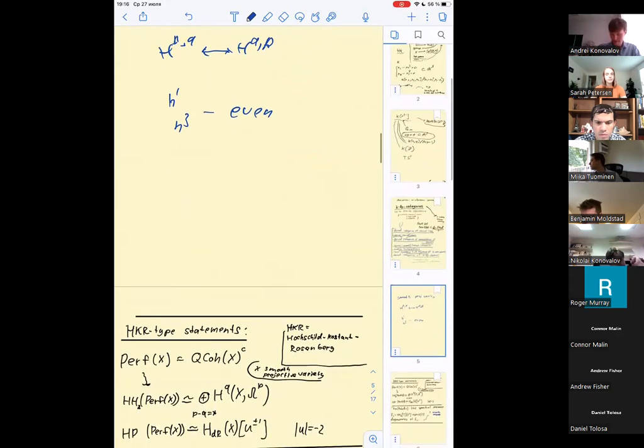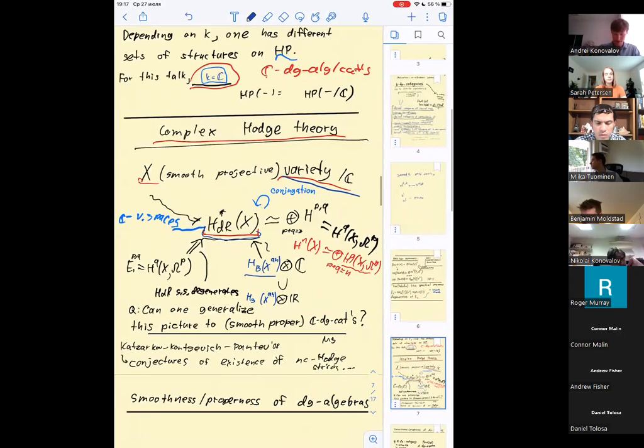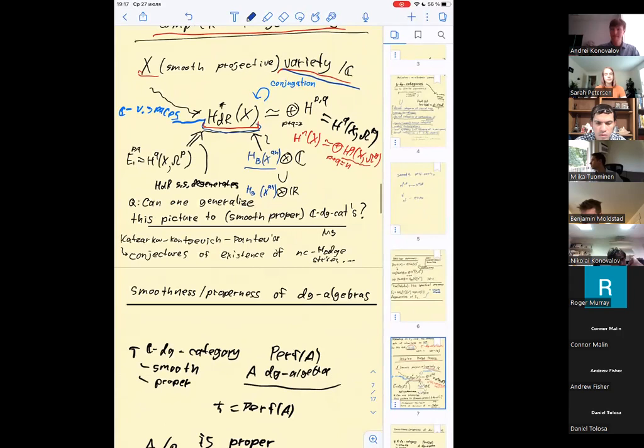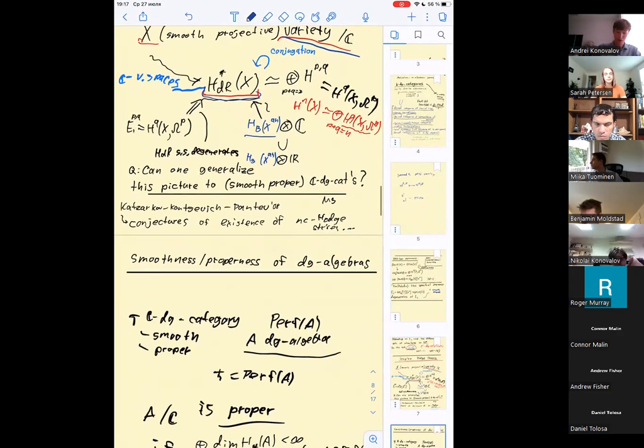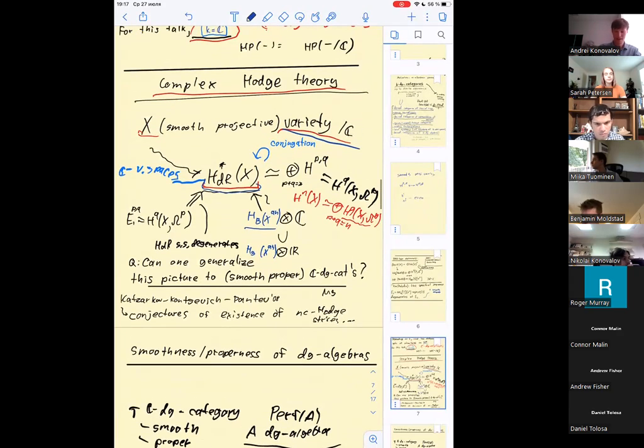So okay, there was a set of conjectures by Maxim Kontsevich and Katzarkov, Pantev, and other guys who suggested to look for analogs of this Hodge theory for nice dg-algebras and dg-categories.